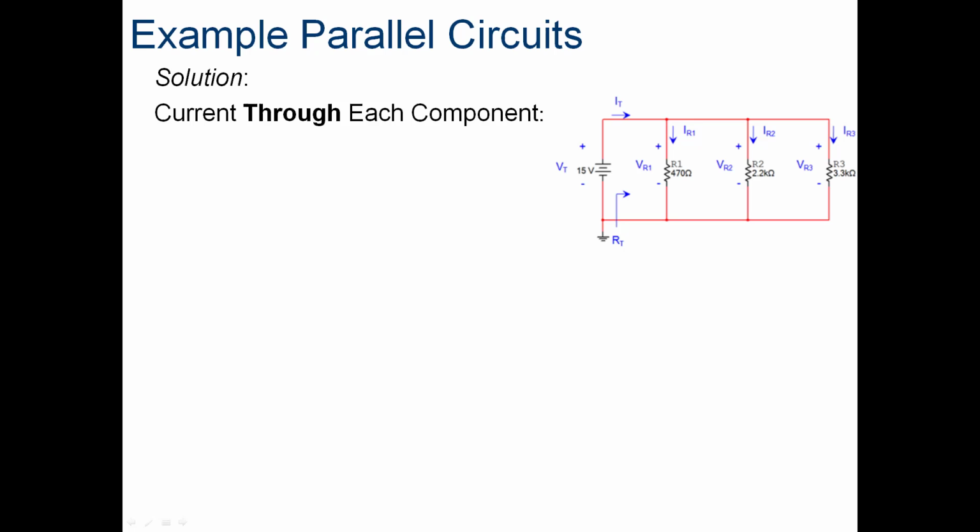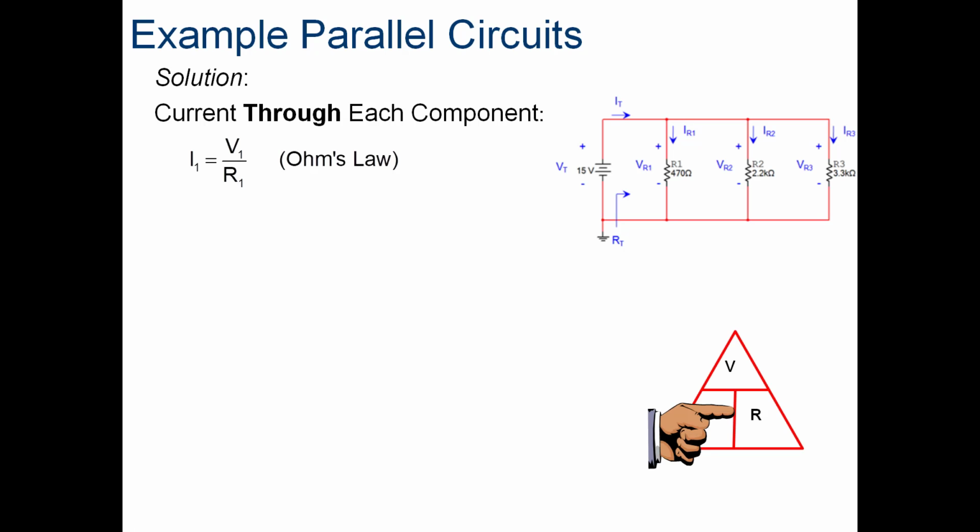I'll solve that by saying the current through resistor 1, or I1, is going to be equal to V1 divided by R1, using Ohm's law. So this is 15 volts divided by 470 ohms, or about 31.915 milliamps. We'll call it 32 milliamps.